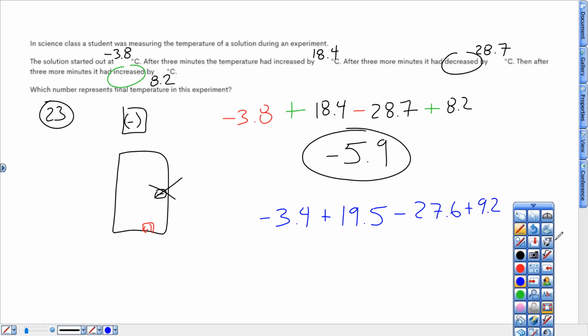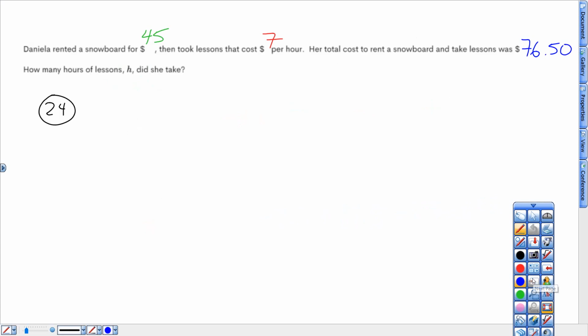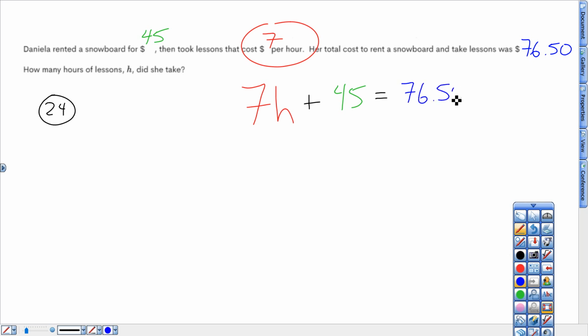All right, last problem, last word. Here we go. This one, $45. The total, that $7 per hour. This is one of those equation problems. 7H plus that $45 equals that total right there, which is 76.50. So to solve this, take away this 45 on both sides. That will make these go away.